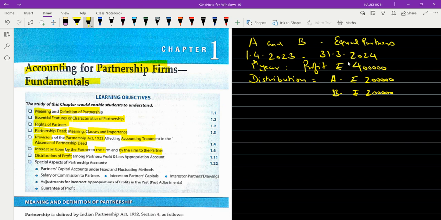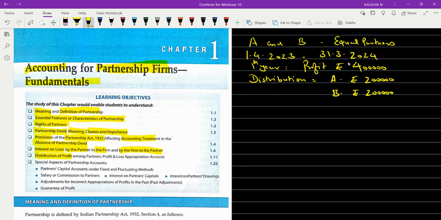So in partnership business, two things you should remember. Usually the accounting process will be done for the business, only from the viewpoint of the business. This is what we learned in 11th standard.